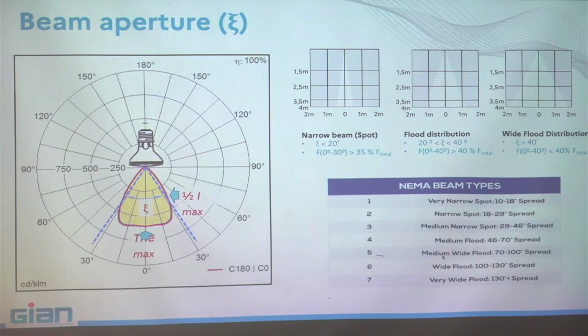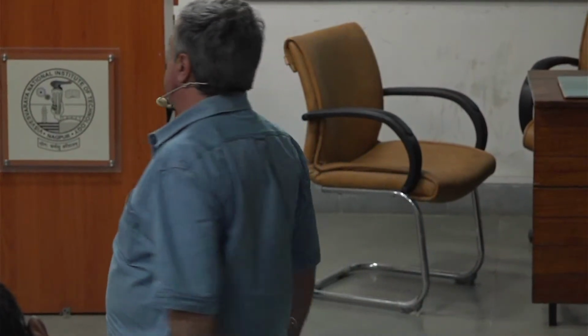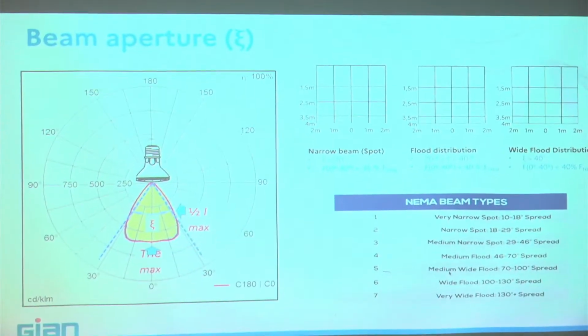And here you have also the NEMA, which is the North American classification following the beam types. That means if you take again a manufacturer catalog, you can know exactly what is the beam spread of your fixture, but you have to be careful if you are speaking about a European, American, or other manufacturer. The curve itself is standard for all people.